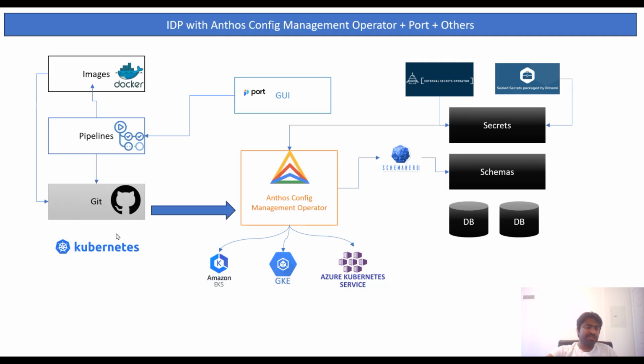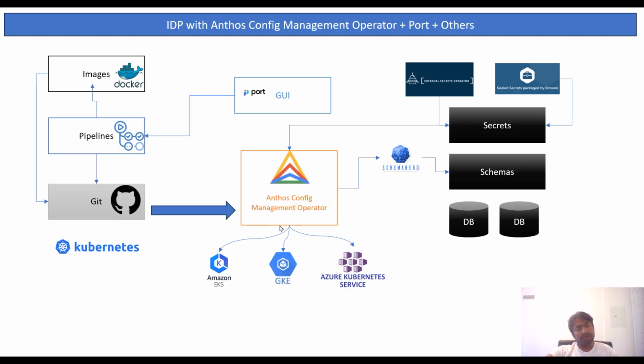Any changes happening in the Git repo will be sensed by the Anthos Config Management Operator, pulled, and applied to all the clusters managed by Anthos. That is the concept behind Anthos Config Management Operator as a GitOps tool.